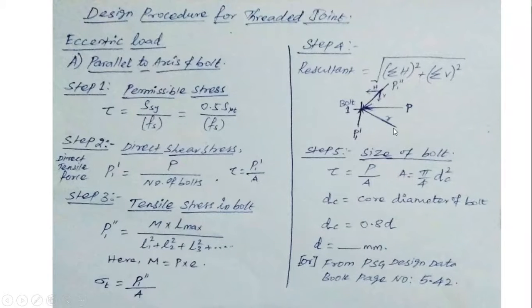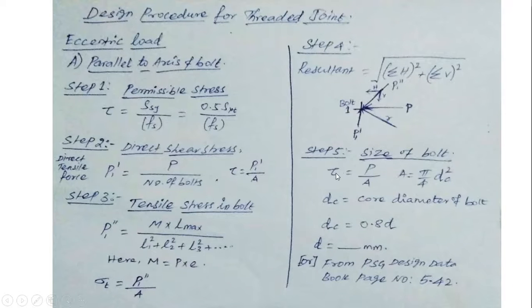The secondary shear stress always acts perpendicular to the radius line from the center of gravity of this arrangement. This is the center of gravity point, and this P1 double dash acts perpendicular to this R line. P is the resultant force here, resolved into horizontal and vertical forces. Then step 5, finally we find the size of the bolt.